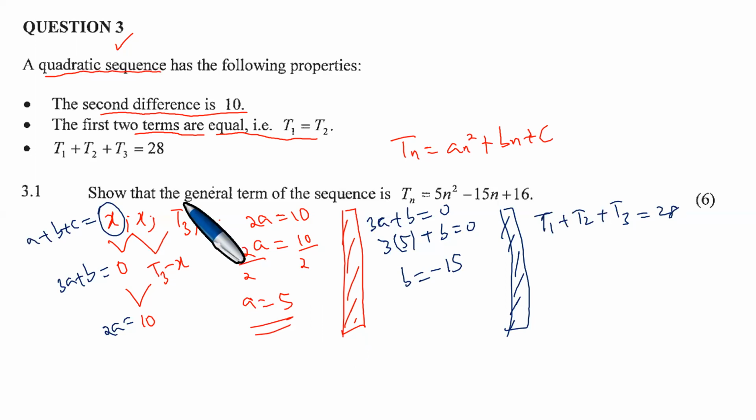You need to obviously be very careful, but what you're saying makes sense. Can you just say a plus b plus c, because T1 plus T2 plus T3 is not just a plus b plus c? What is T1 plus T2 plus T3?